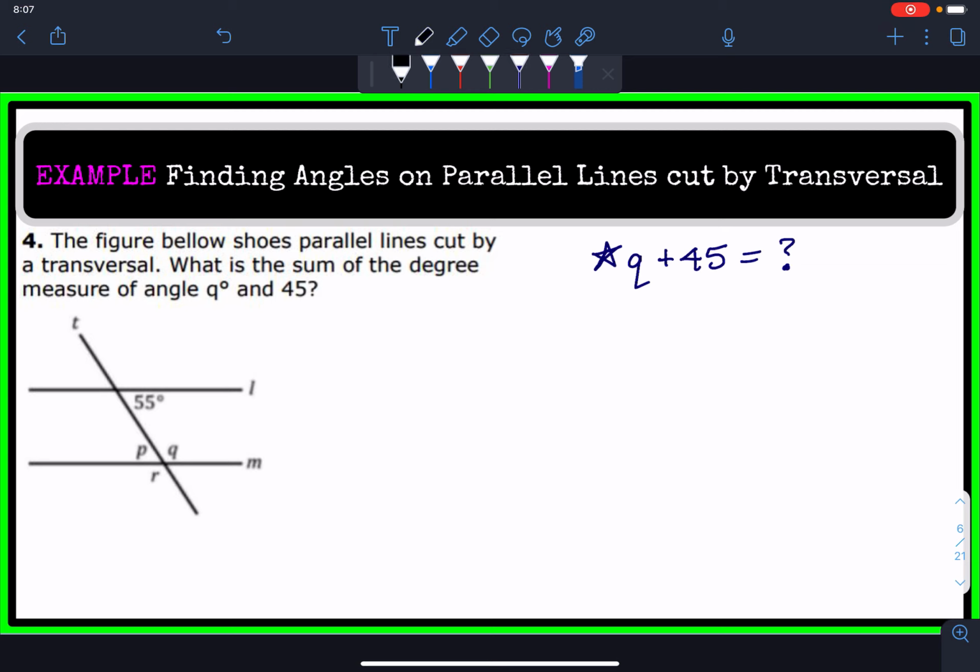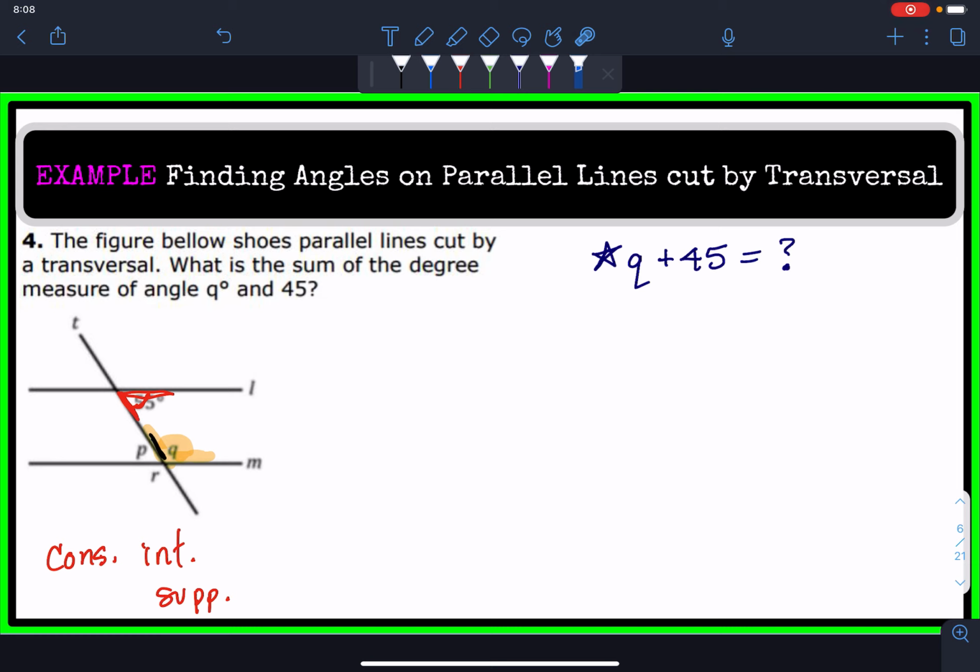Well, I first need to figure out what the value of Q is. Q is this obtuse angle here. And the only angle measurement we know is the 45, and that's an acute angle. This right here happens to be consecutive interior angles, which means that they're supplementary.